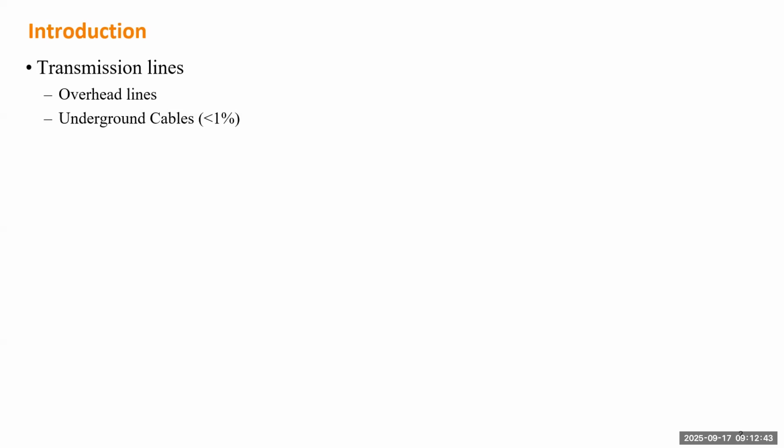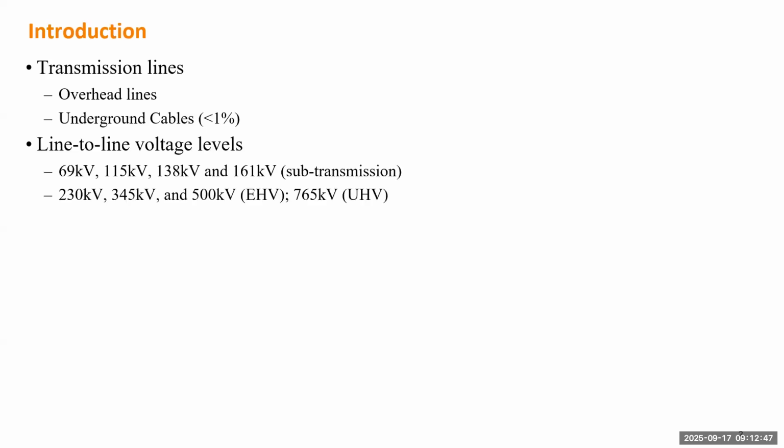So for high voltage transmission lines, underground cable only takes no more than 1%. In terms of the voltage level, here we talk about transmission lines, but we include sub-transmission system lines in this category. Which means we study voltages typically above 69 kV. Usually 69 kV is still at the boundary between transmission and sub-transmission.